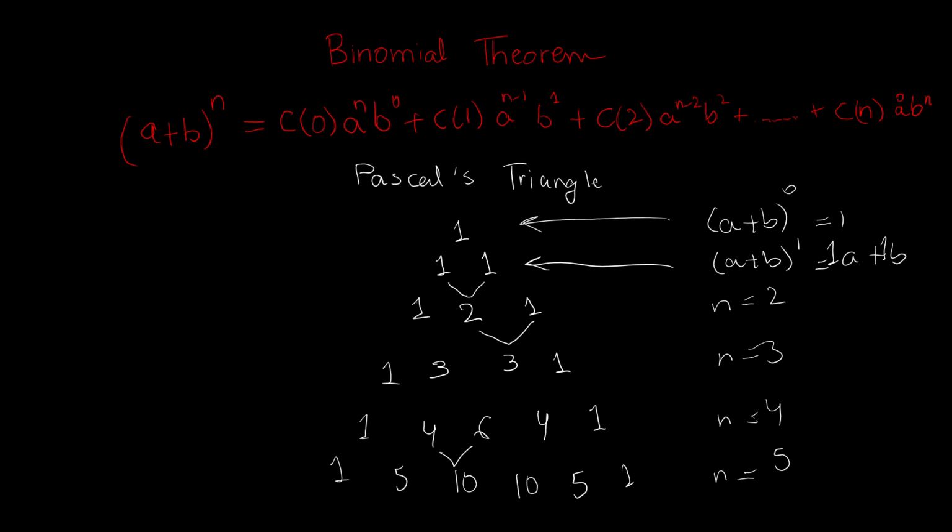For example, let's solve a plus b to the power of 4 on the left hand side of the screen. So we'll start by applying the binomial theorem. According to the theorem, it should be equal to C of 0, a to the power of 4. b to the power of 0 is 1, so we are not writing it down here.